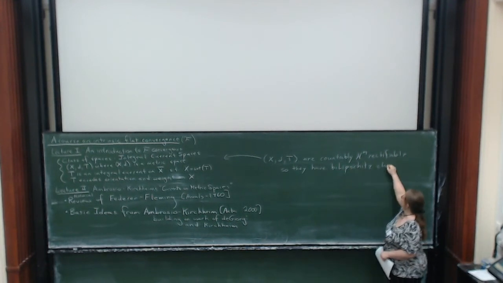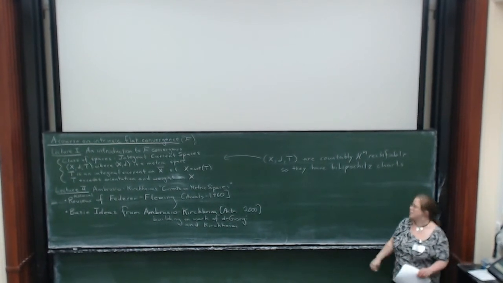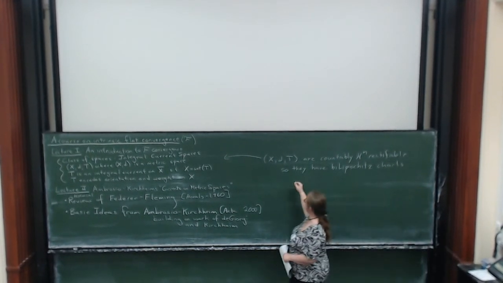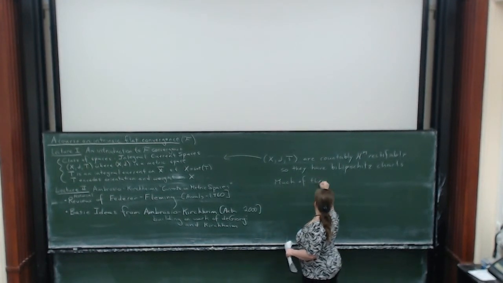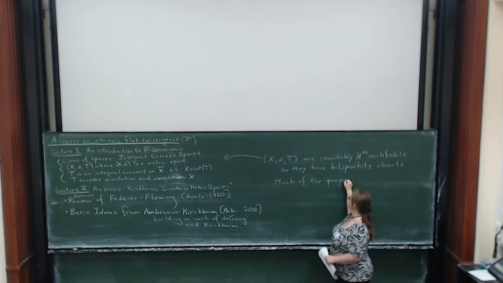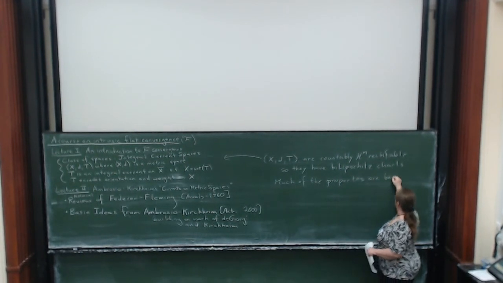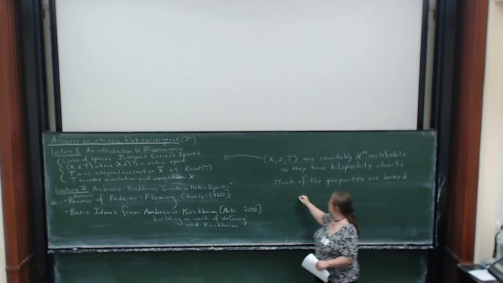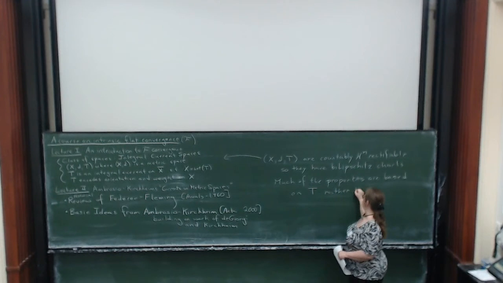But you don't really like to use those charts so much. You just like to know that they exist. So a lot of the theory is based on T itself. Much of the theory, the properties, is not based on the charts, but are based on T itself, on T, rather than the specific charts used to define it.